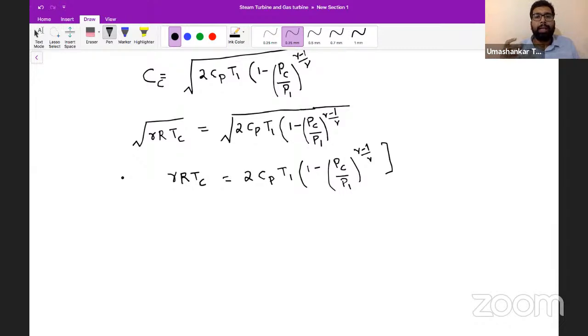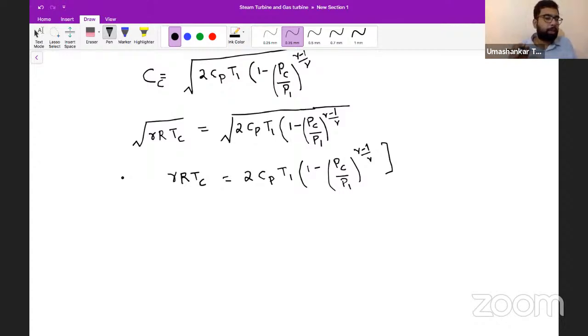In this there are two critical properties: one is critical temperature, and one is critical pressure. So what should be my approach from here? I should convert this equation either in terms of critical temperature or in terms of critical pressure. So I can choose to go either way.